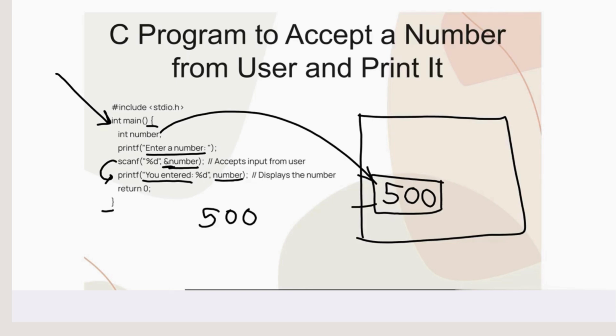This 500 is replaced with this %d symbol and it will display you entered 500 on the output screen. So this is how plain, simple and clear instructions are written in the code, and it will execute exactly the way we want it. So I hope you understood the simple C program of accepting and printing a number.